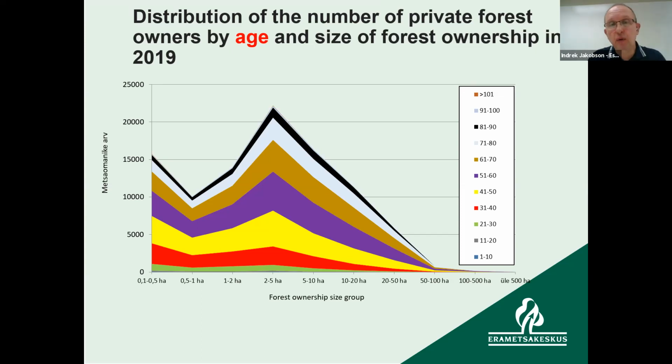And it means we have a little problem in this case. Young people are not forest owners a lot, or if they are owners, they don't have a lot of forest.